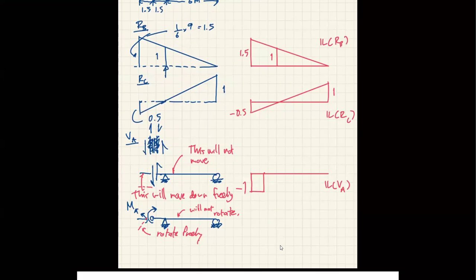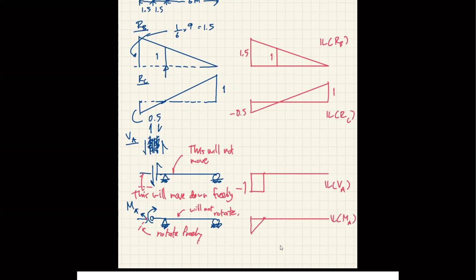So that means the influence line of moment at A will look like this. This is point A, right? This entire thing will just come down. And this is the influence line of MA.